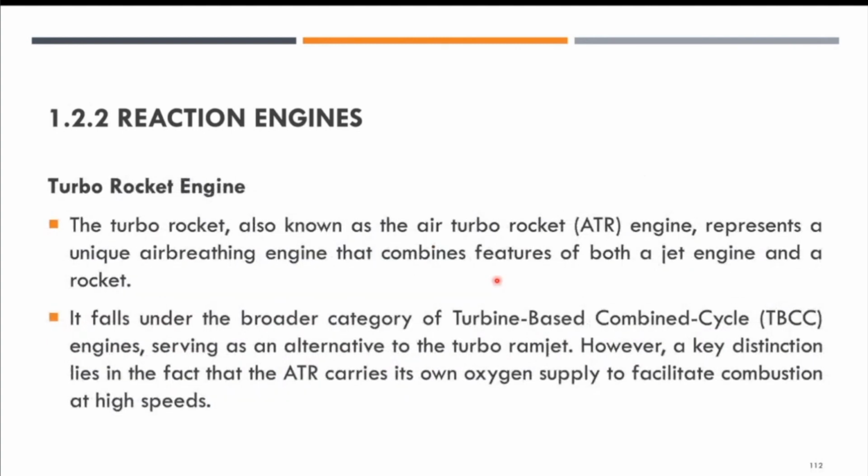The next one is the turbo rocket engine, also known as air turbo rocket. It is a combination of turbojet and a rocket engine. It has a turbine-based combined cycle, or TBCC, and serves as an alternative to the turbo ramjet. Because it provides the rocket, it carries its own propellant.